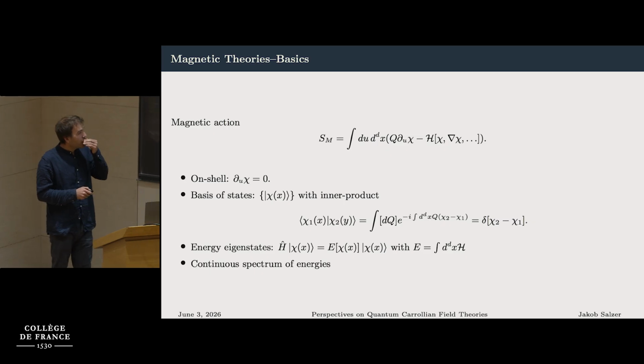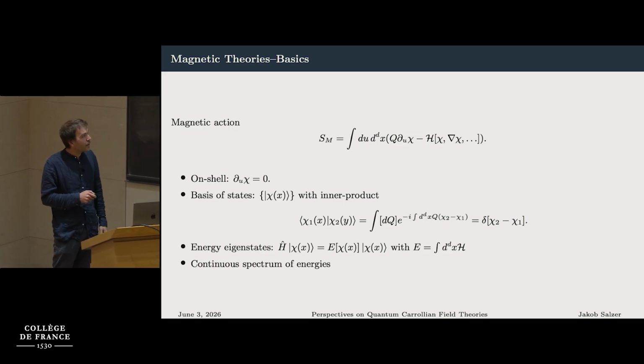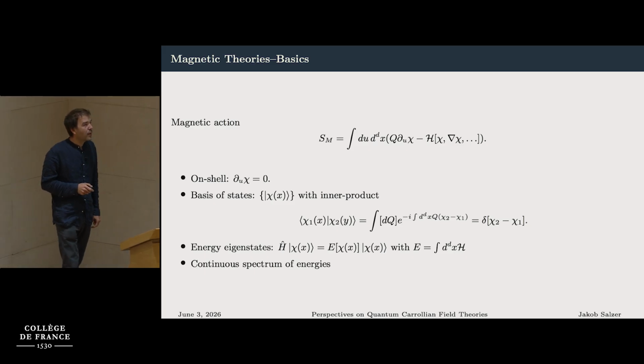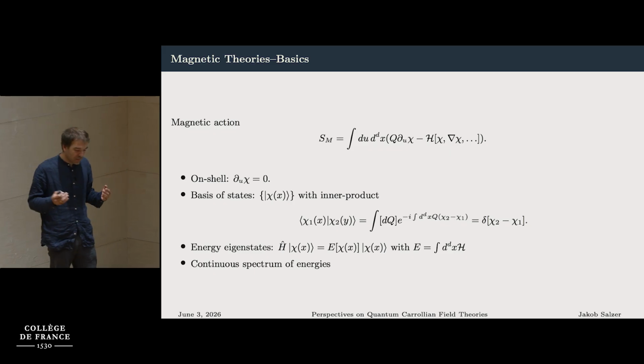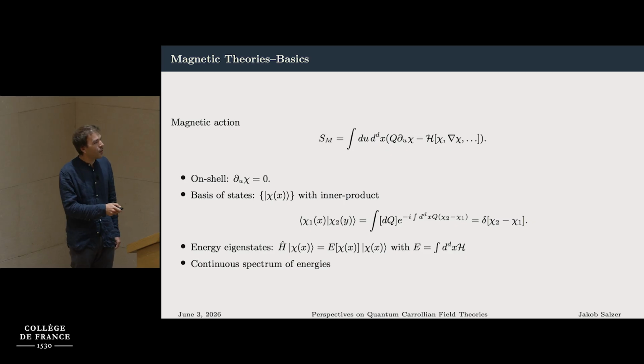This tells you that these chi's here form a nice basis of states with an inner product that you can argue is a delta function. So these are like infinite dimensional versions of usual momentum states that are normalized to delta functions.